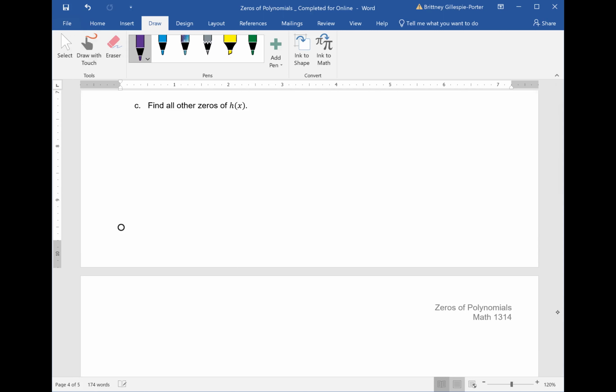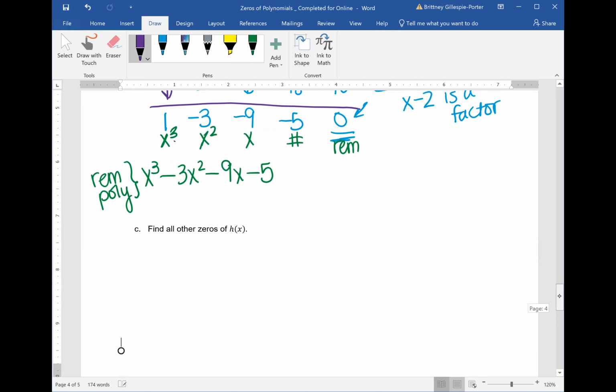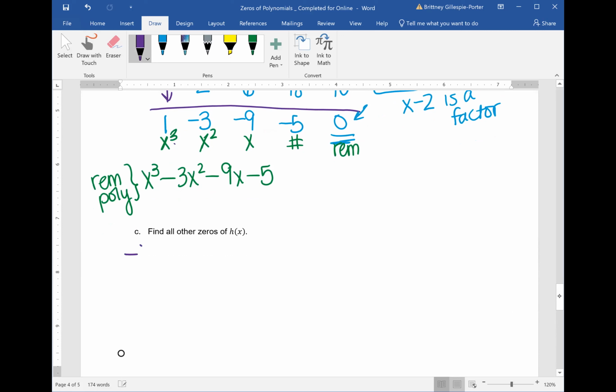So if we're looking at that, we can use either one of those. Let's start with an x equal to -1. We would have a 1, -3, -9, -5. First one always goes down.